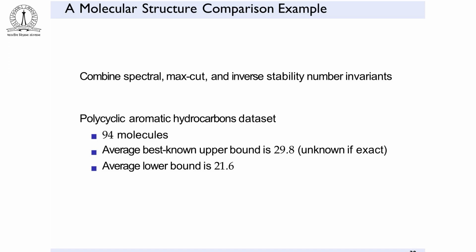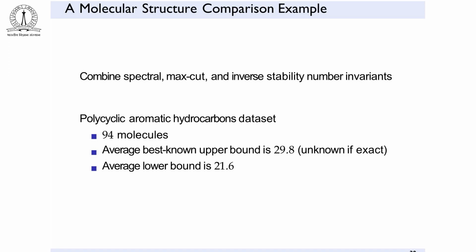And what was done is every pair of graphs is taken. That's 94 choose 2. And we applied, I think, something called the A-star algorithm, an existing heuristic for computing graph edit distance. And we took an average of these upper bounds over 94 choose 2 pairs. That gave us the number 29.8.